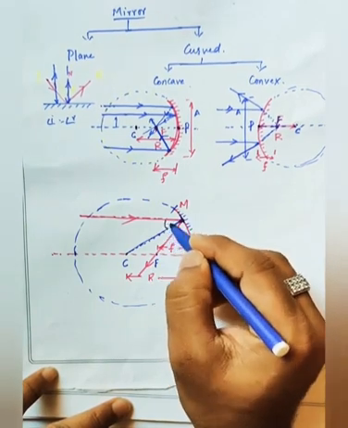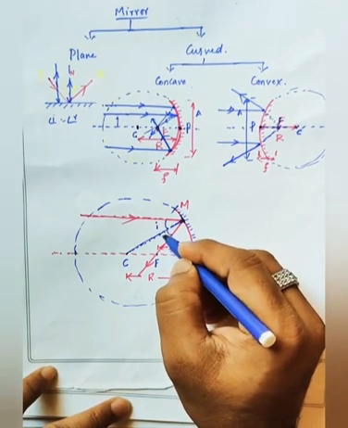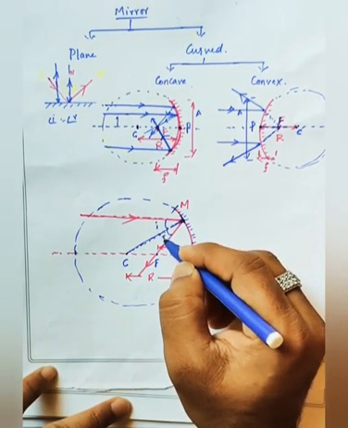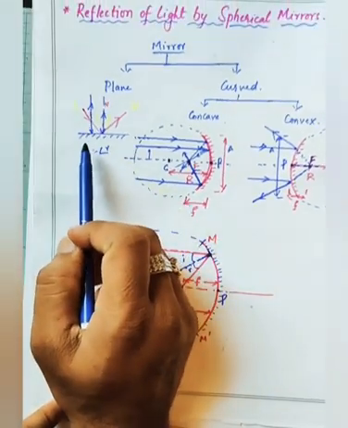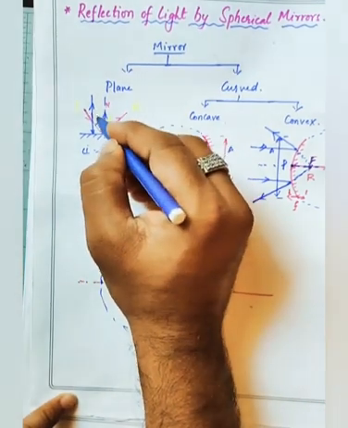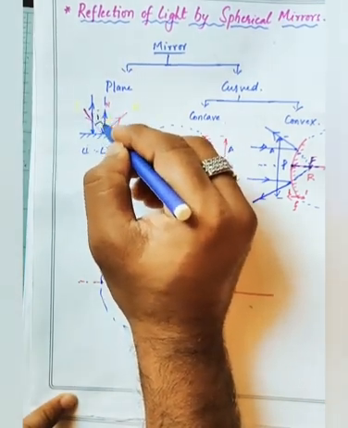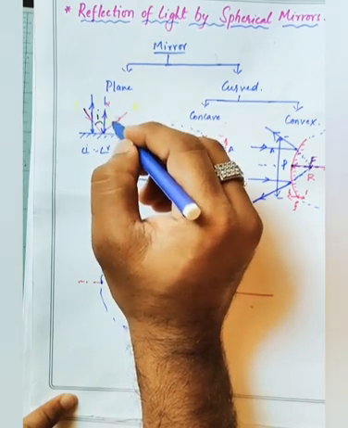Obviously this is the angle of incidence and this is the angle of reflection. So both I and R should be equal, because the angle between the normal and I is equal to the angle between the normal and R.